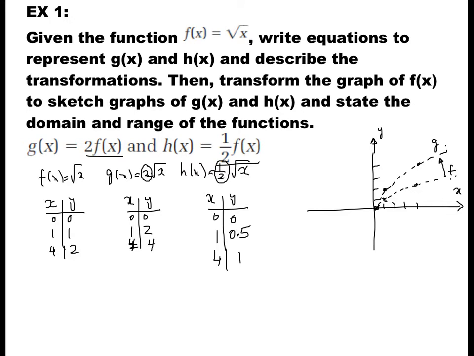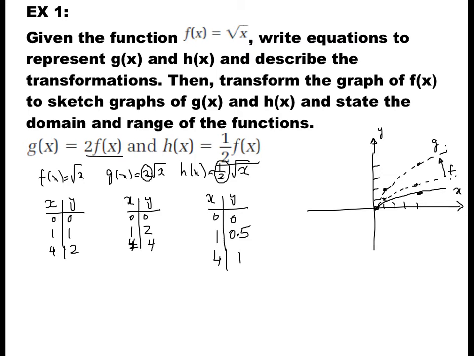And if x is 4, then y is 1. Then we get a graph like this one, which is obviously a compression of the graph of f by a factor of 0.5.